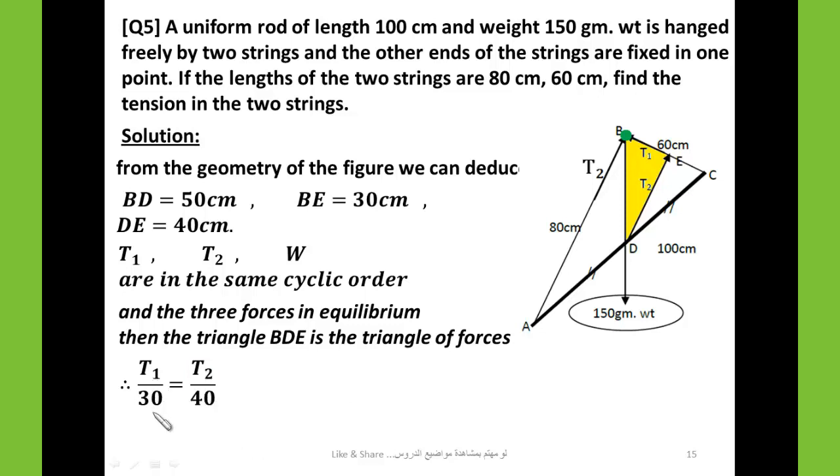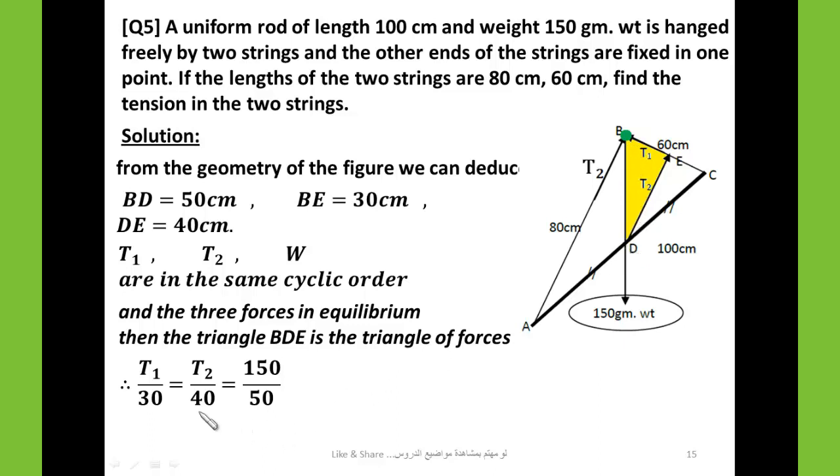Then T1 over the length of BE, which equals 30, equals T2 over the length of DE, which equals 40, equals the weight 150 over the length of BD. What is the length of BD? It is 50.